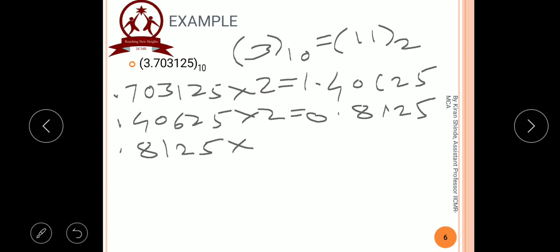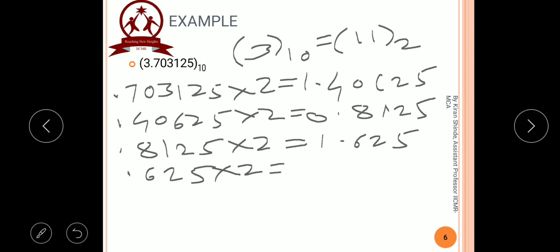0.8125 into 2 will give us 1.625. Continue the multiplication with the fractional part. 0.625 into 2 will give us 1.25.